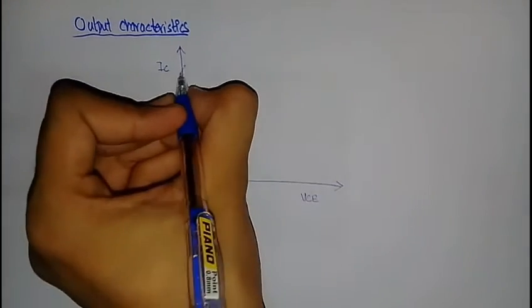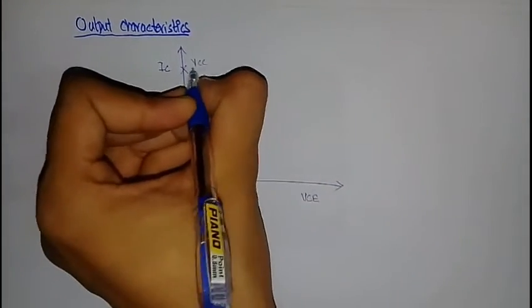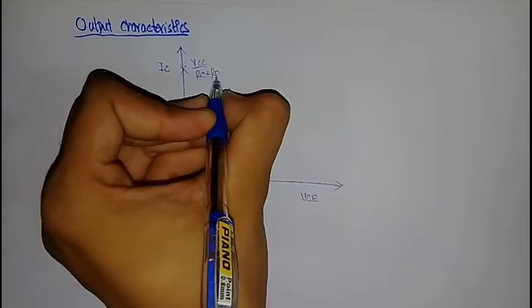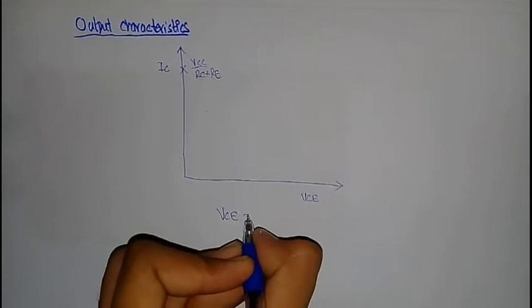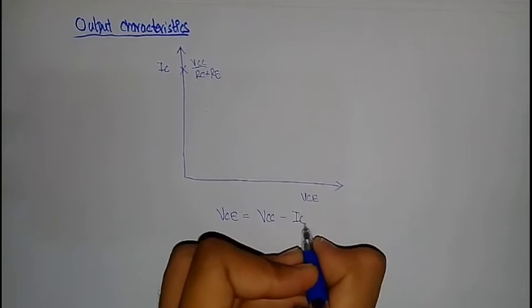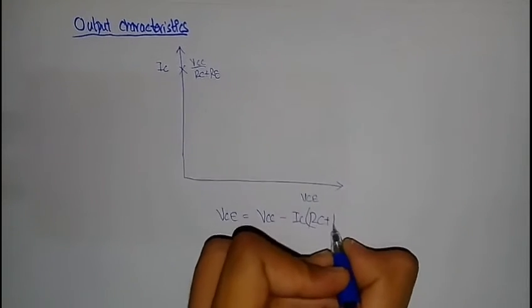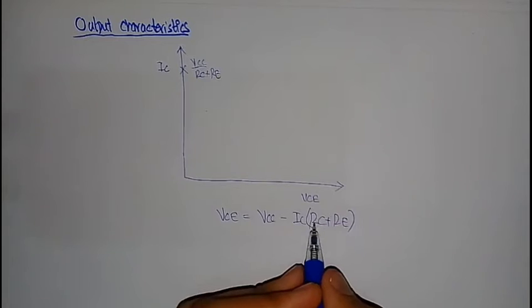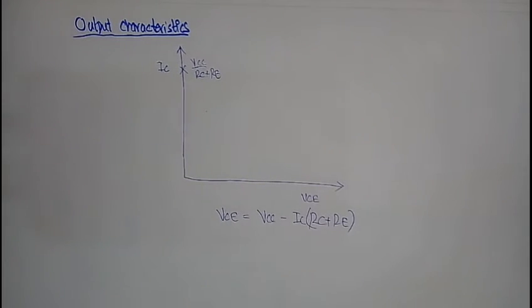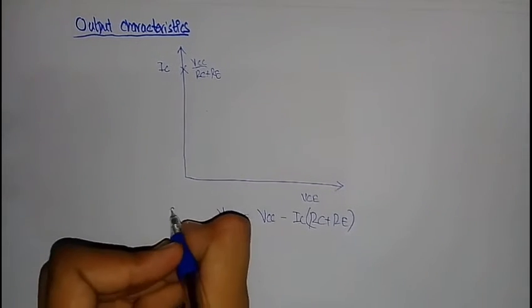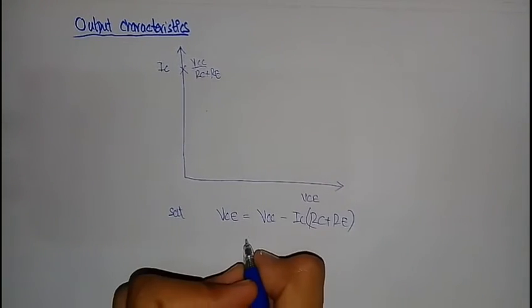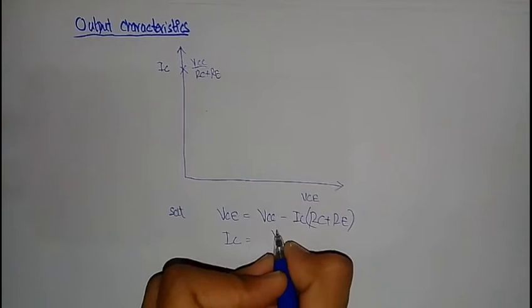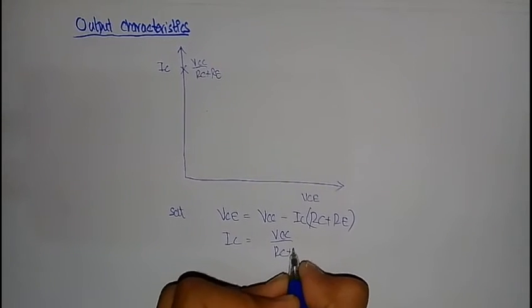At this point we will take VCC over RC plus RE, and you will know where it comes from. It comes from VCE equal to VCC minus IC into RC plus RE. In this condition, VCE will be equal to 0 in the saturation region. This will be the saturation region point. So VCE will be equal to 0, and therefore IC will be equal to VCC over RC plus RE.